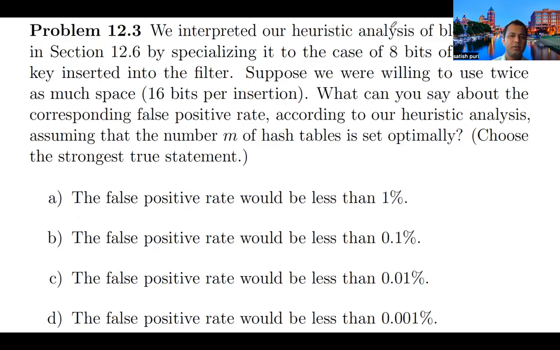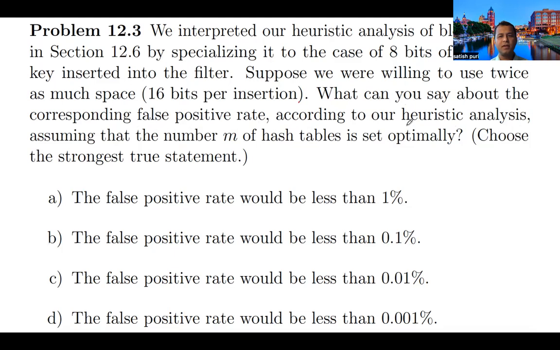We interpreted our heuristic analysis of Bloom filters by specializing it to the case of 8 bits of space per key inserted into the filter. Suppose we were willing to use twice as much space, 16 bits per key. The model says that we should have a smaller false positive rate, because we made per key storage higher. What can you say about the corresponding false positive rate according to our heuristic analysis?